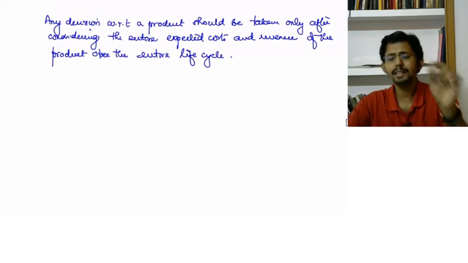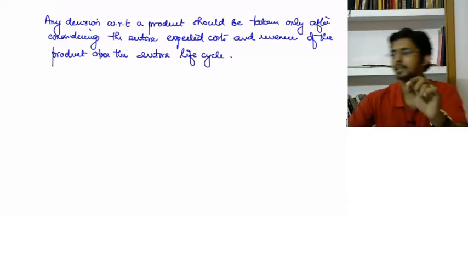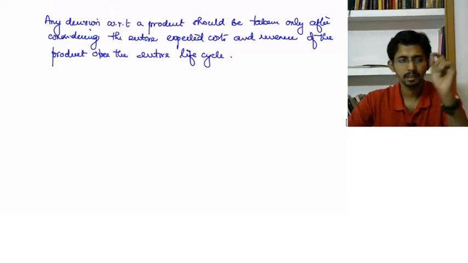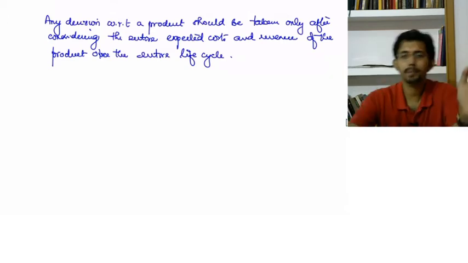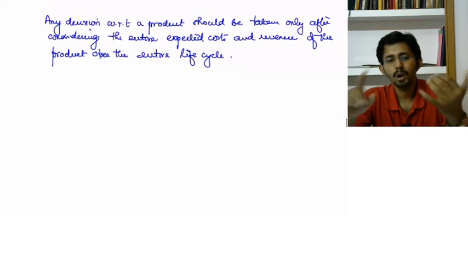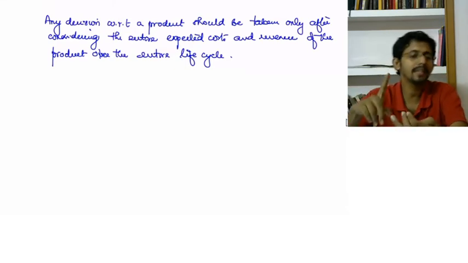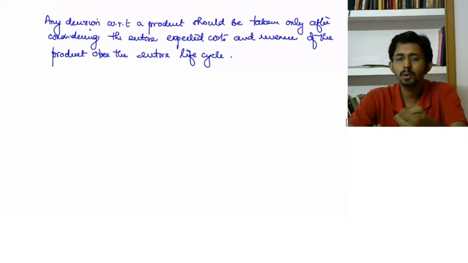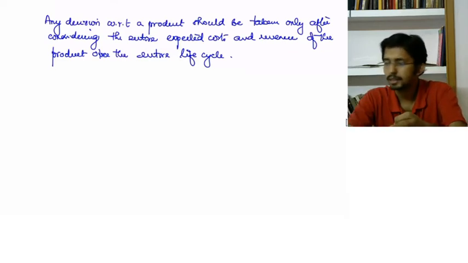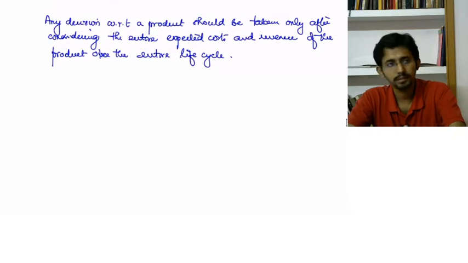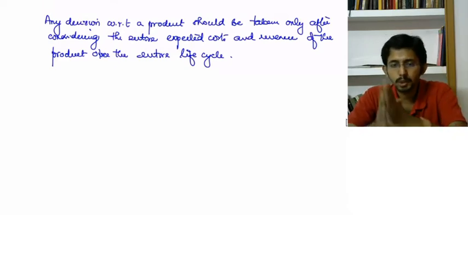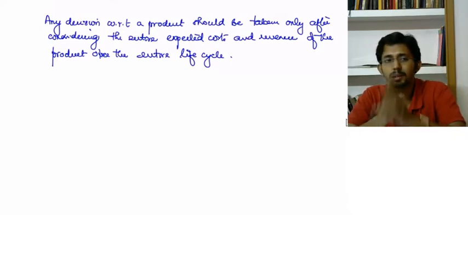Okay, so any decision has to be taken only after considering the cost and revenues of the product over the entire product life cycle. You take the cost of introduction, growth, maturity, and declining phases. You take the revenue for introduction, growth, maturity, and declining. You compute the profits thereafter, taking everything together. You see whether the product is profitable.